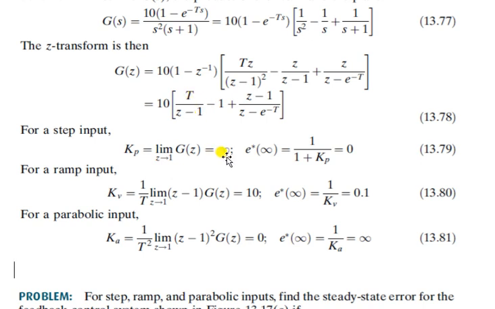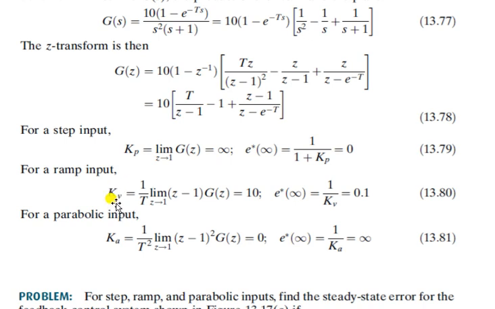Then if you calculate the steady state error, the formula will be 1 upon 1 plus Kp. As Kp is infinite, infinite plus 1 will be infinite, and 1 upon infinite will be 0, so you will get 0 here.